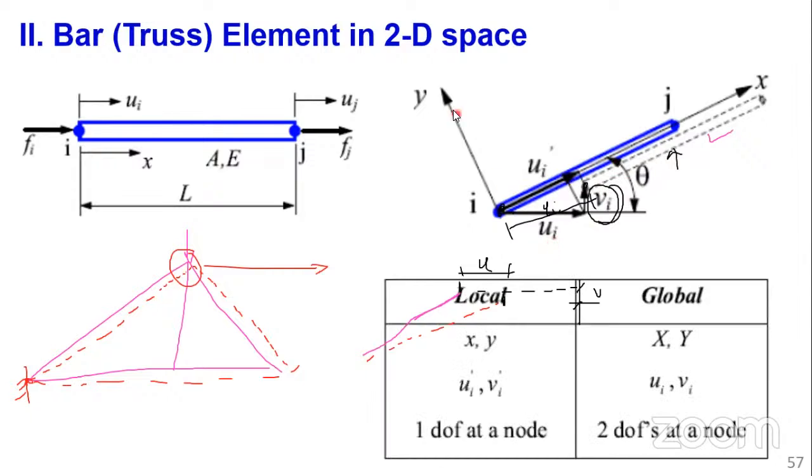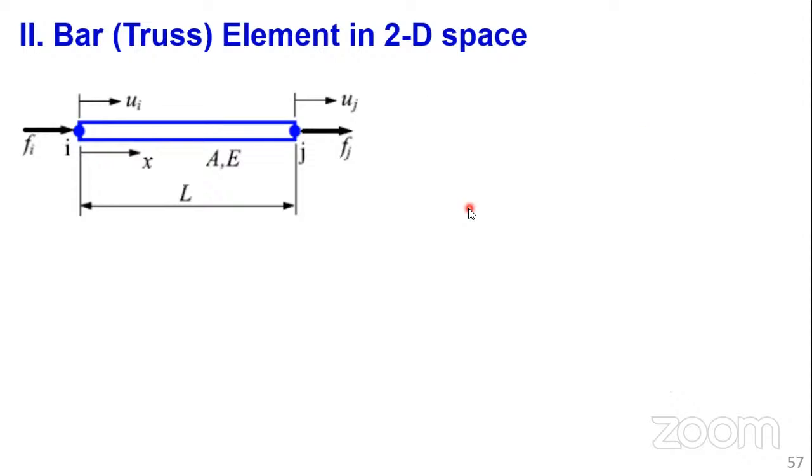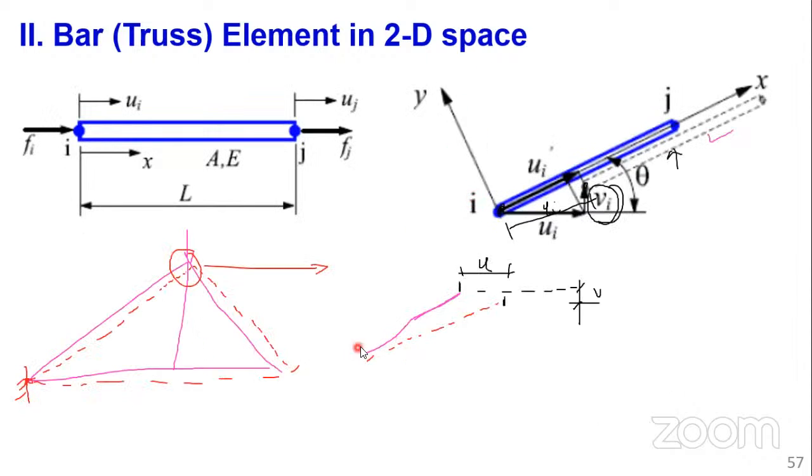So that's why we are saying for the local coordinate system, the degree of freedom is 1, just U. But for the global coordinate system, we have U and V. Okay, so for our individual member, if I go back, the stretch is only either compression or tension. So it can only stretch or compress.